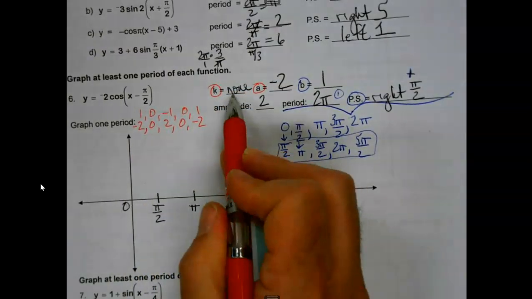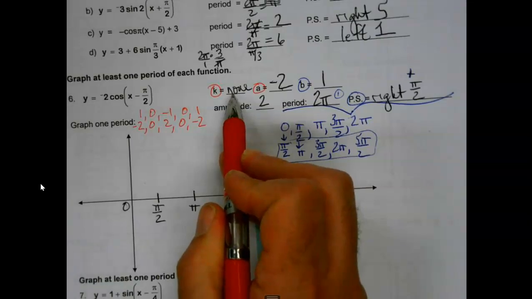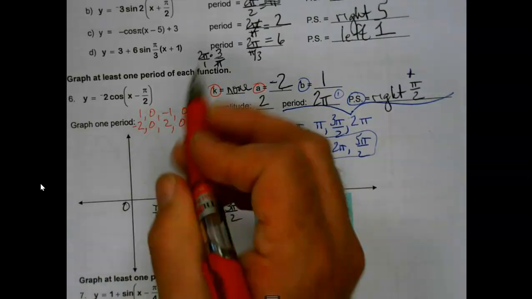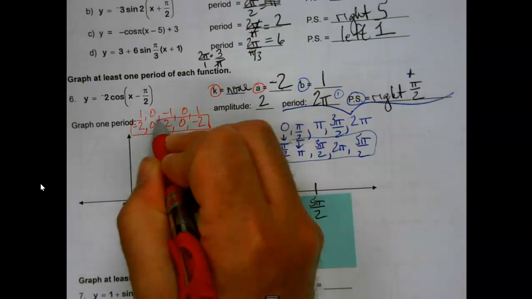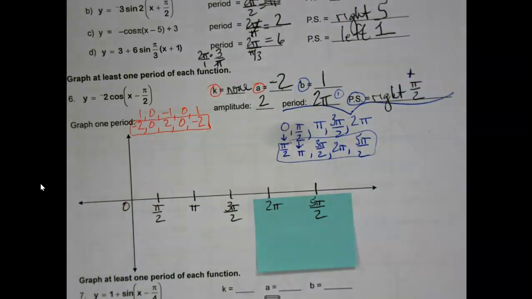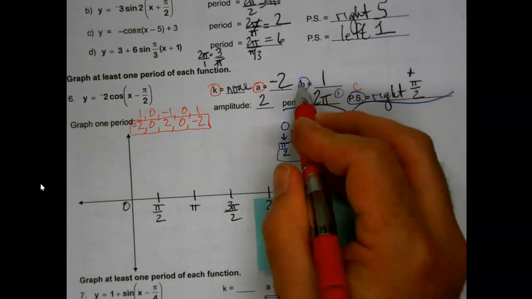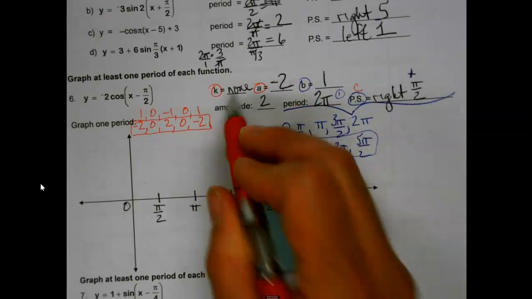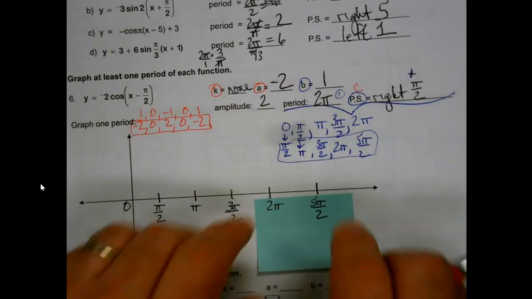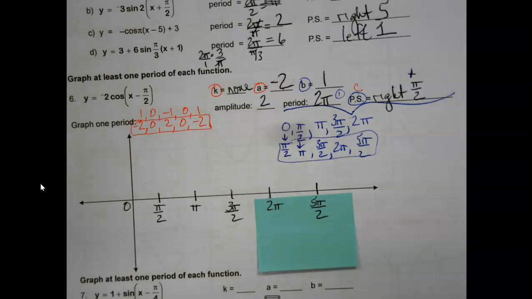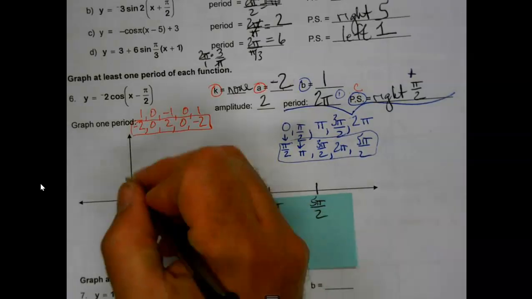And if there was a vertical shift, if there was a K value here, now we would add or subtract that. So you're kind of seeing how this goes together. B and C go together. A and K go together. First one is multiply. Second one is going to be add or subtract. So I see where all my points are.